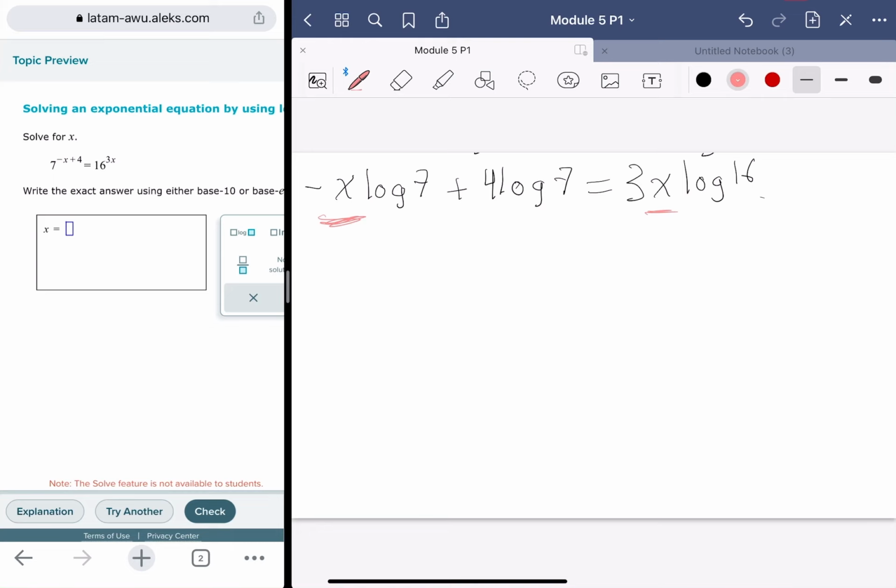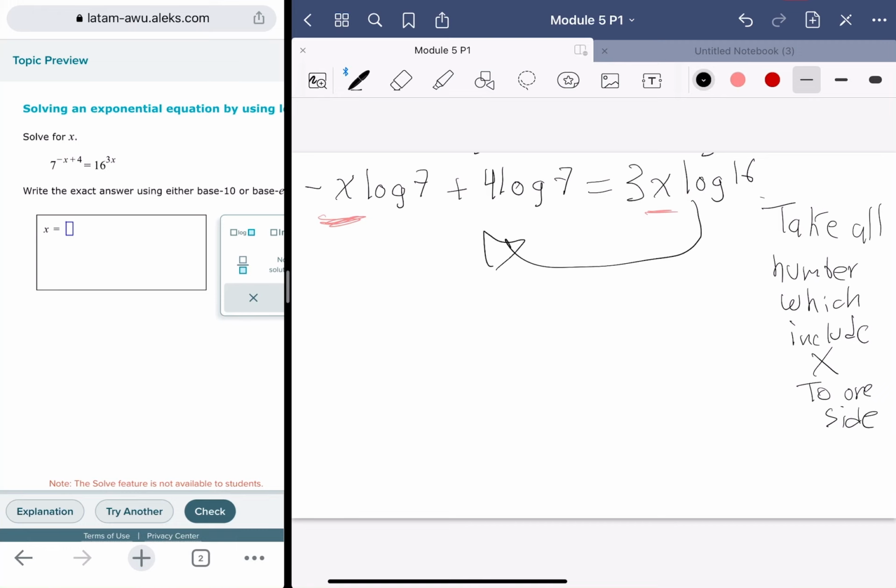So what I want to do now is take all the terms which include x to one side. We can either move this to this side or move this to this side, and it doesn't matter, it's the same. I'm going to take this to the left side.